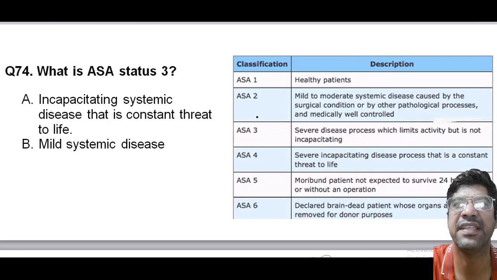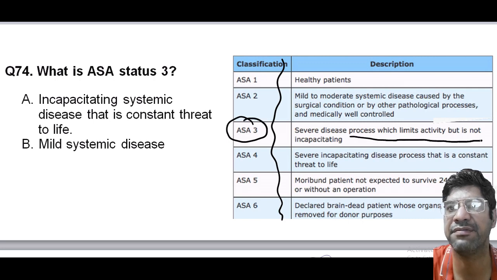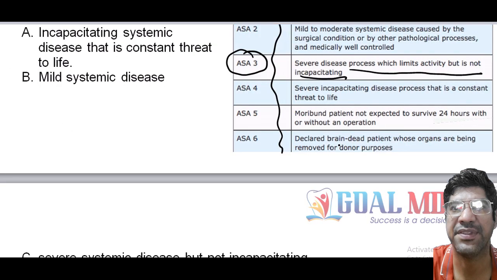What is ASA status 3? So remember this classification. ASA 3 is a severe systemic disease which limits activity but is not incapacitating.